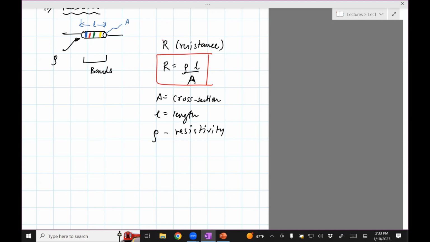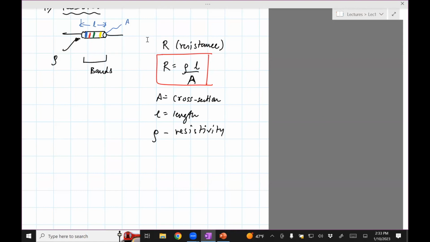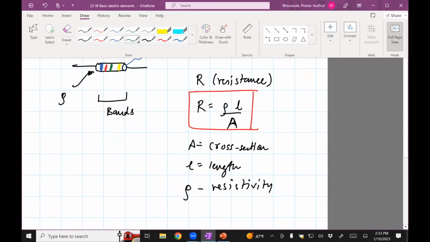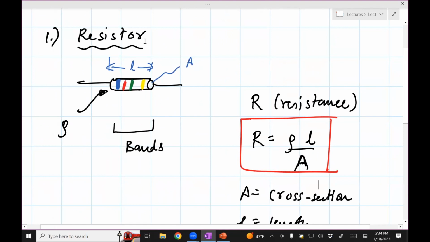So what are these bands about? Well, these bands signify the resistance of the resistor. It's basically a color code. So clearly there are going to be 3 bands on one side and a single band on the other side. That's how you know how to group them.